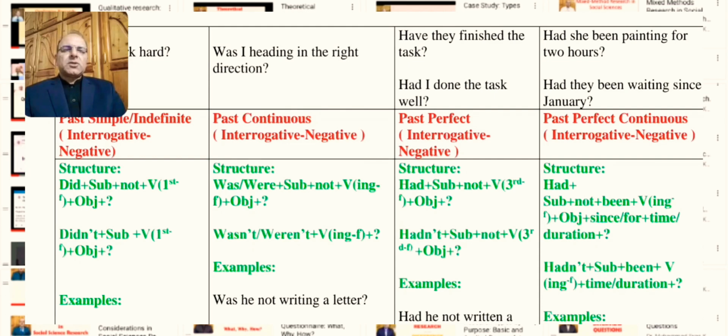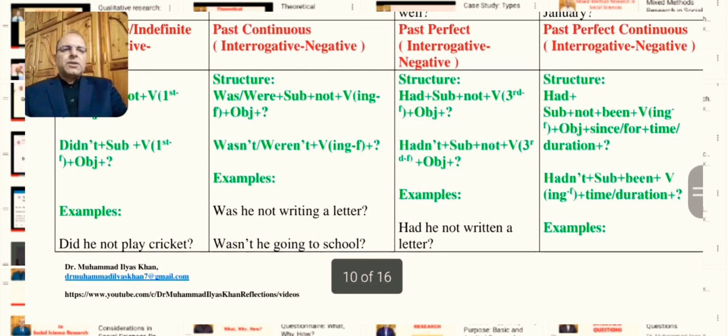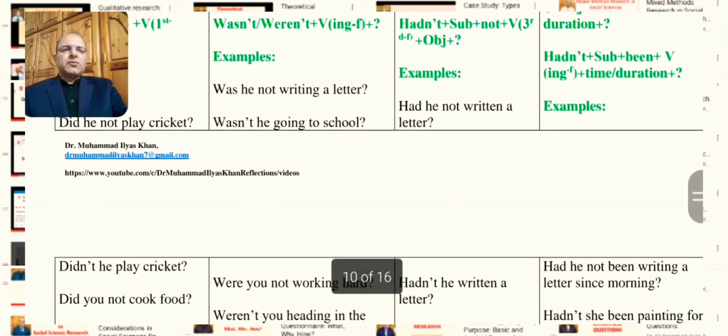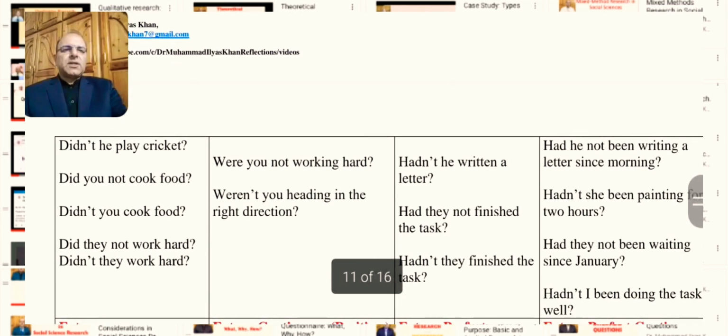Just look at the structure and think about the structure, and then look at the examples below each of these structures in order to have a good understanding of how the past tense is formed and structured in its interrogative negative sense.